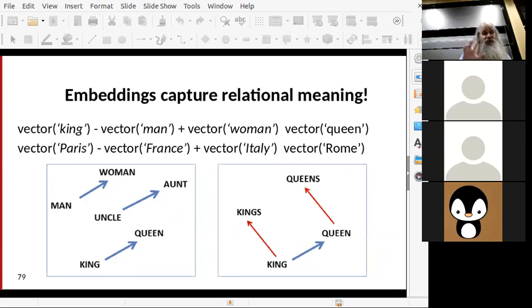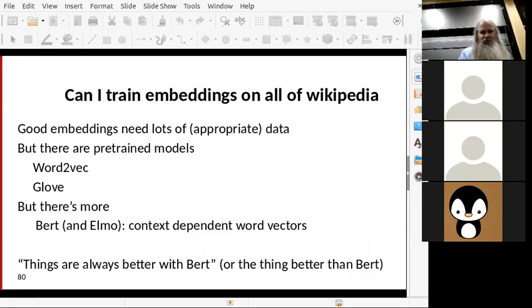These representations suddenly allow us to do much more interesting things that were actually quite hard, or we needed an infinite amount of data. Can I train my vectors on all of Wikipedia? And the answer is yes, but only if you manage to trick us into getting enough new AWS credits, because it's quite computationally expensive. But you do not need to do that.